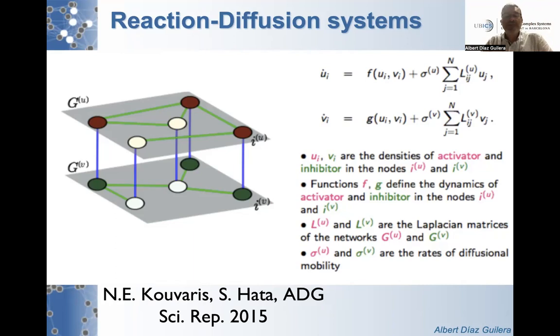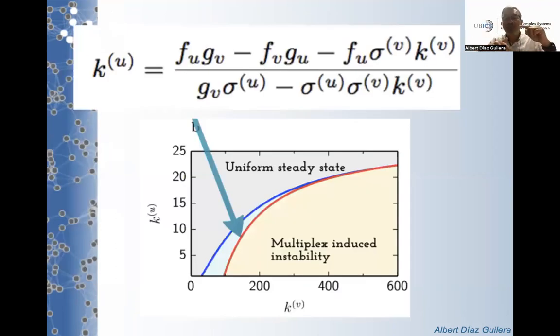What we found in this case is that because of this multiplex construction, and depending on the relations between the degrees of the nodes in one layer or in the other layer, a system in which, in principle, you don't expect to have instability then develops the instability.